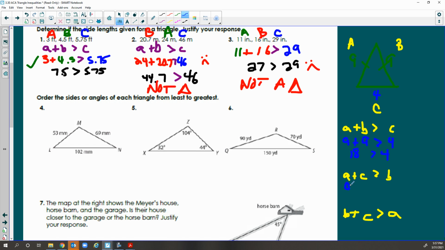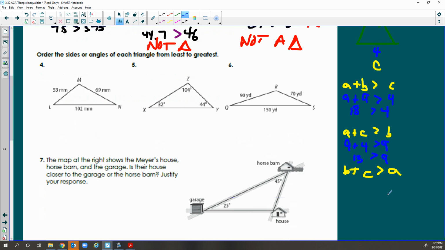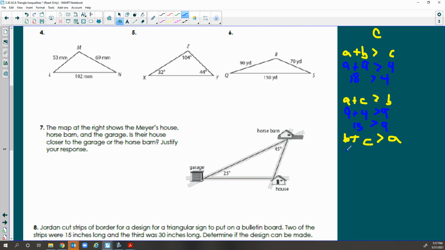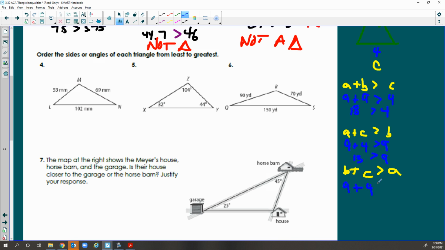A is 9, C is 4. 9 plus 4 is 13. B, let's see what B was. 9. 13 is bigger than 9. We're in good shape. Let's check it one more time. 9 plus 4 for B. This one is greater than 9. 13 is greater than 9 again.